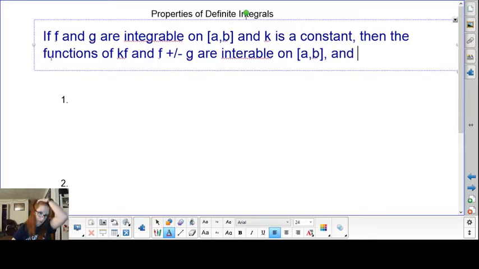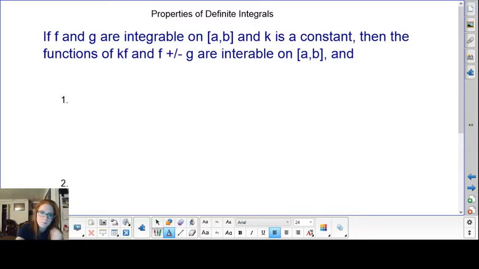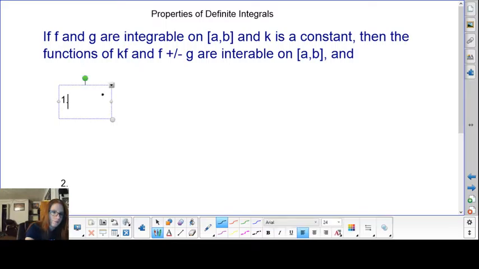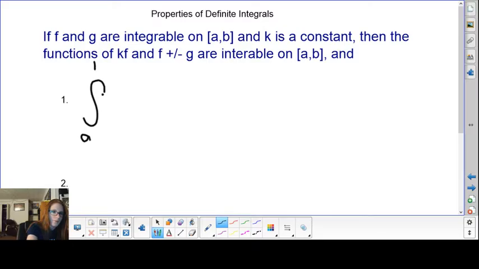And the following happens. My first says that if I take the integration from a to b of k times f of x, it's working so well.